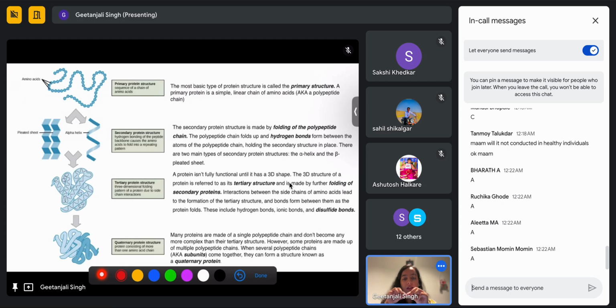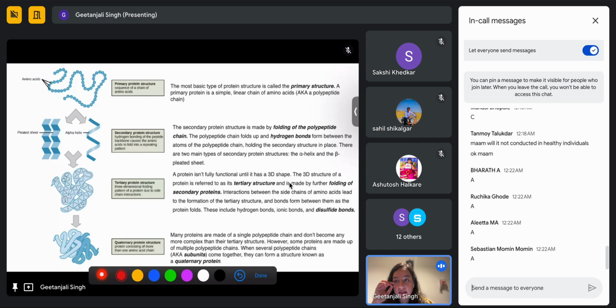The sequential arrangement of amino acids that form peptide bonds is called the primary structure of a protein. They basically form a chain-like structure, like L, I, A, with a peptide bond between each amino acid.